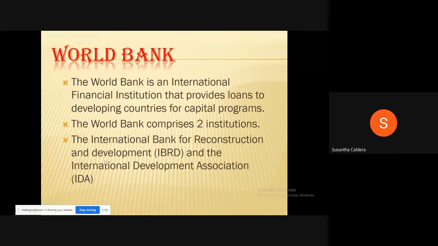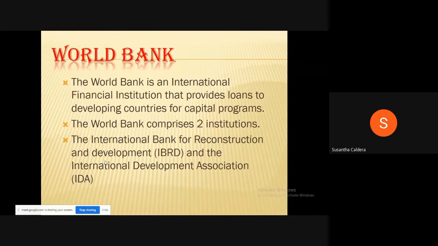The World Bank is an international financial institution that provides loans to developing countries for capital programs. Now, the IMF gives loans to the monetary system, economic development of the country.